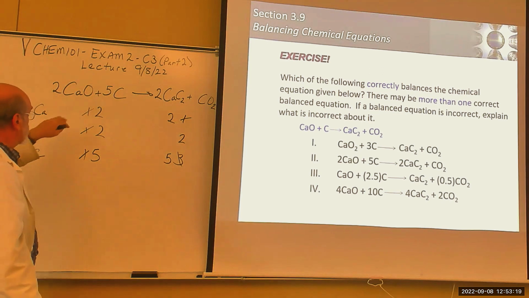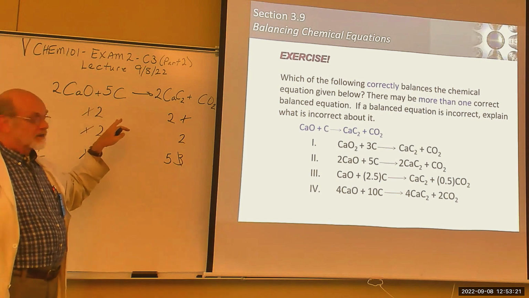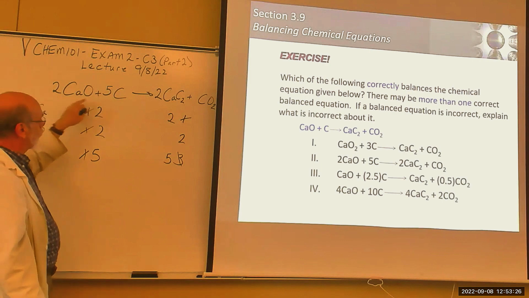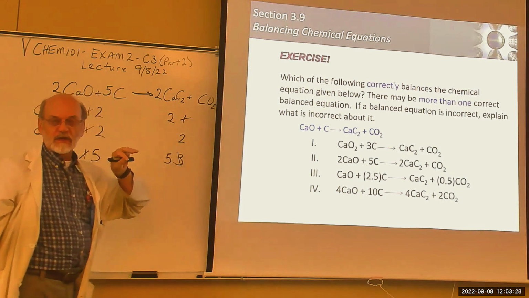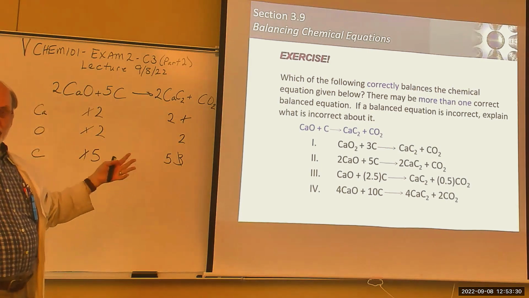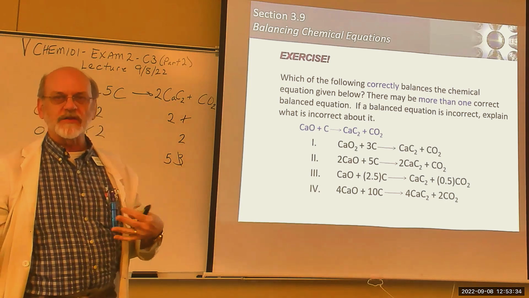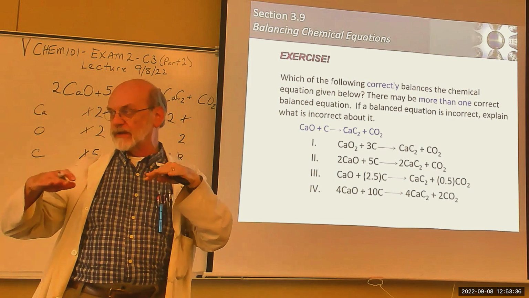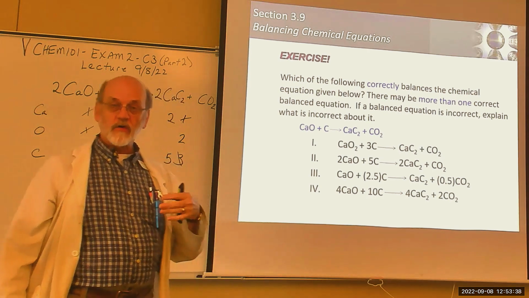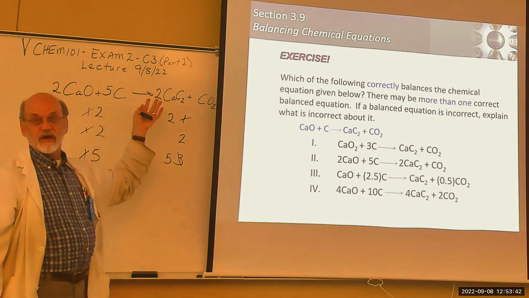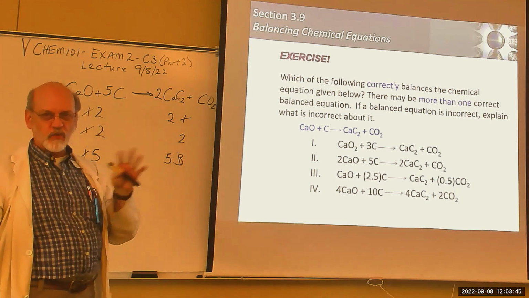And you can't simplify them anymore because that's a prime number. But you could have 4, 10, 4, and 2, and it would balance. But by convention, we want the smallest whole number ratio, at least at this point. We'll run across examples in the future where we need fractionals in front. But those are special cases, and don't worry about that.